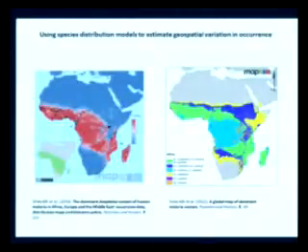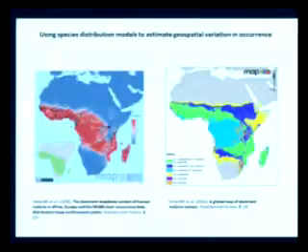So, for example, if you're looking at a vector, you might be interested in abundance, but the idea that you're going to find 30,000 data points where people have measured abundance in the exact same way, it's just not available. So we've taken a more simple approach here. So now we're using species distribution models, and in this case, a boosted regression tree, to predict spatial variation in the probability or the relative probability of occurrence of vectors.